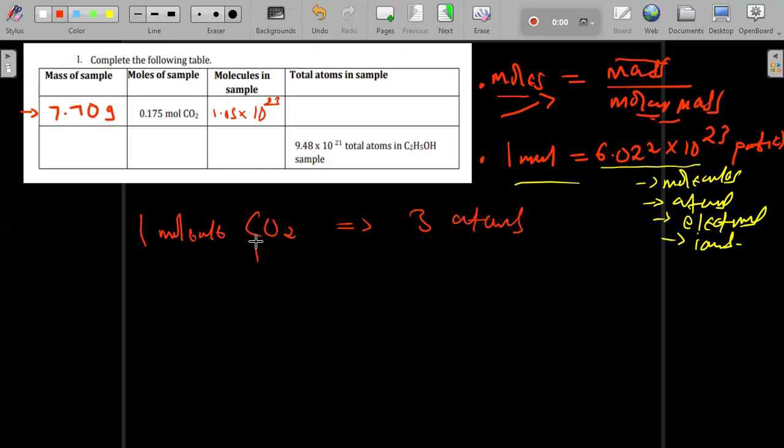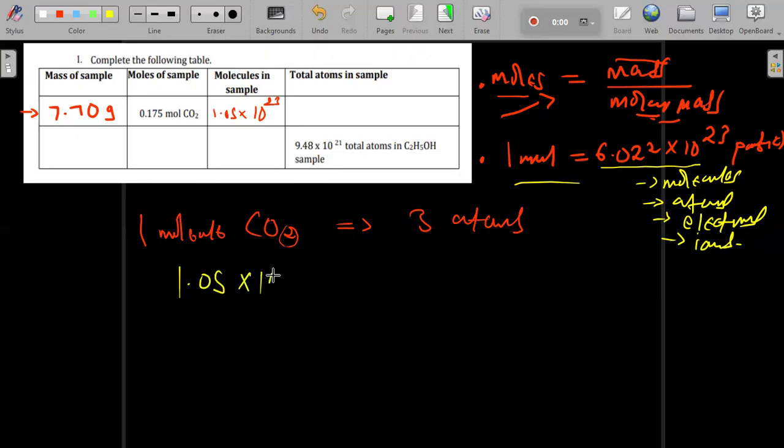We see that we have one carbon there, which is one atom, and then we have 2 oxygens here because this oxygen has this 2. So we have one carbon plus 2 oxygens. So 1 plus 2 gives us what? 3 total atoms.